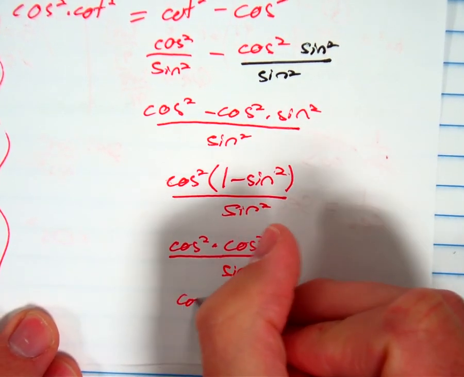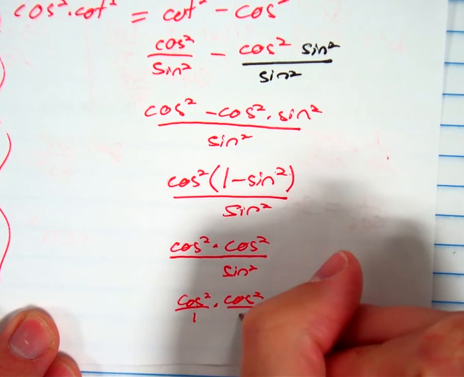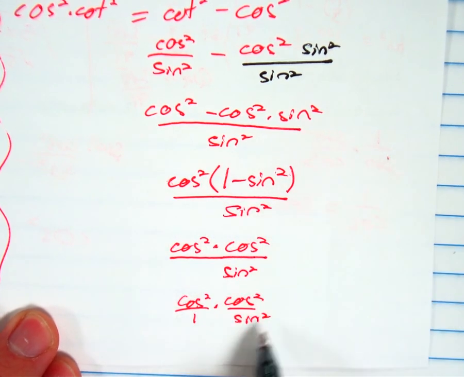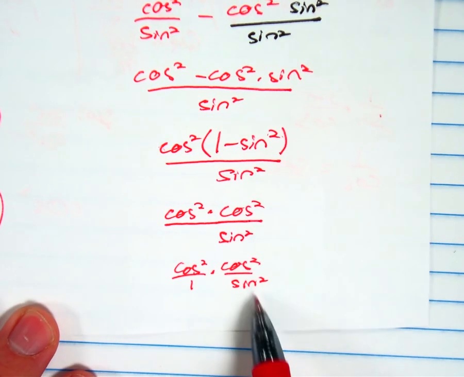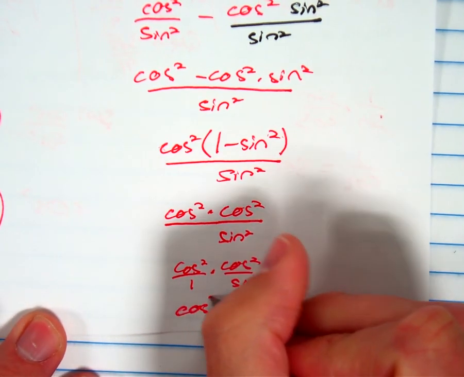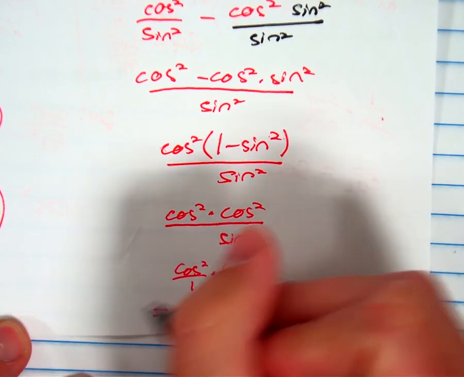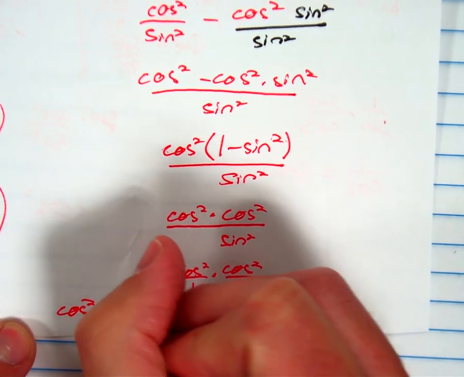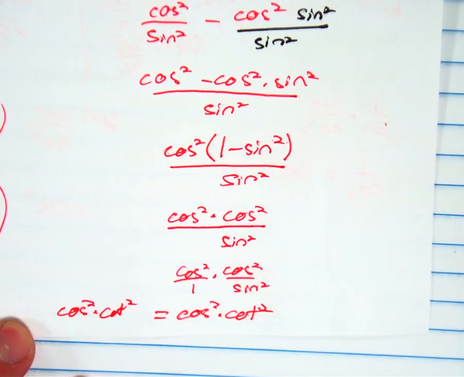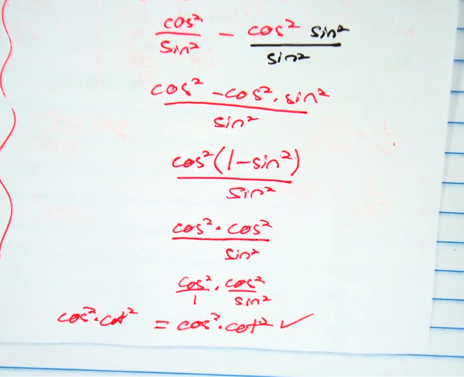Cosine squared over 1 times cosine squared over sine squared. You might not have needed this step. Look at that. Cosine squared over sine squared is cotangent squared, and there we are. Ta-da! The end.